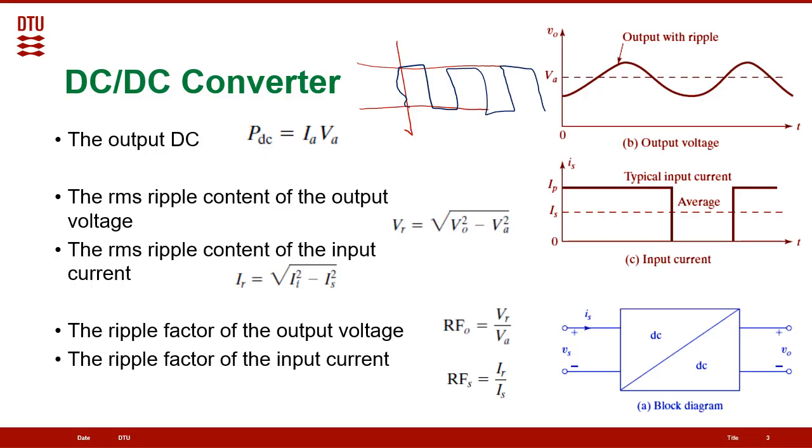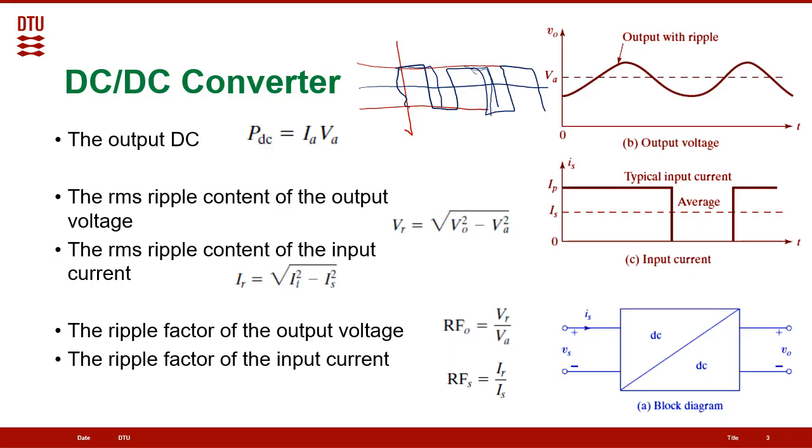If it is on half of the time and off half of the time, then as we can see, the average voltage will be somewhere in the middle. If we increase the switching on times, then of course the average voltage will increase.